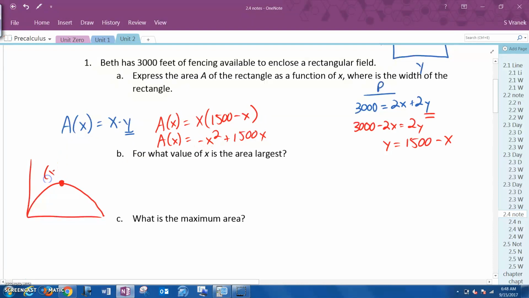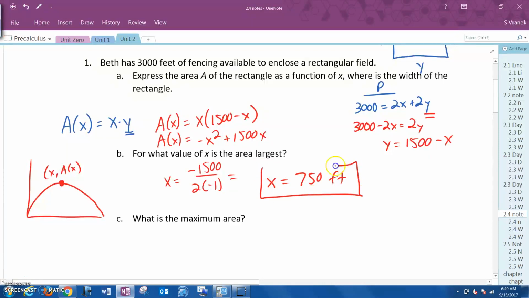So this will be x comma A of x. So if you want to find the vertex, all you have to do is x equals negative b over 2a. And if you do that, you get that x is equal to 750 feet. And you didn't have to do the second trace maximum and find that.